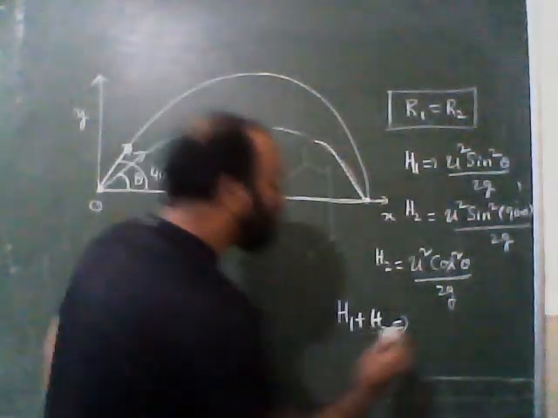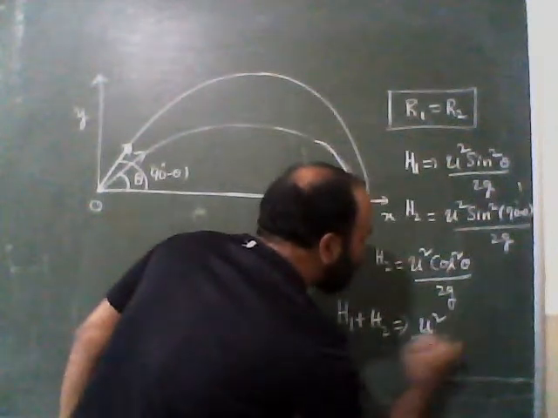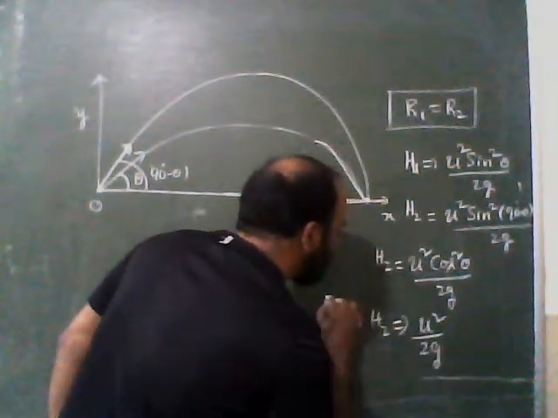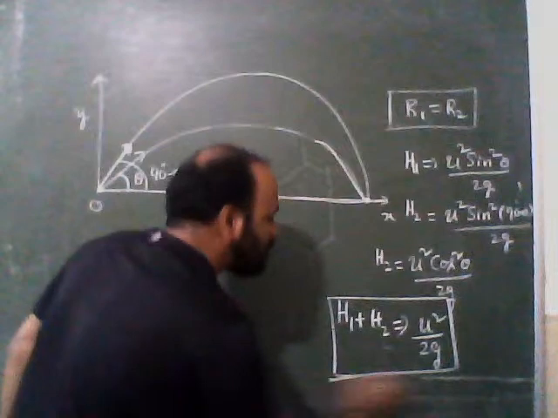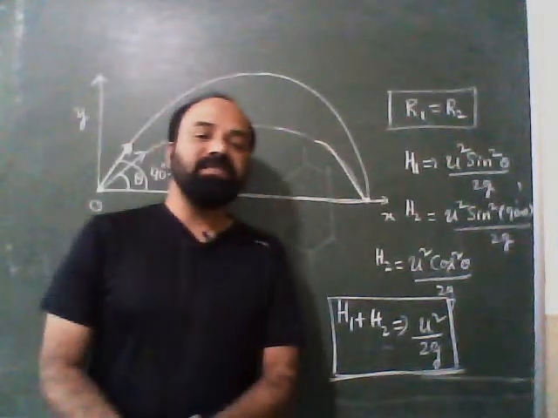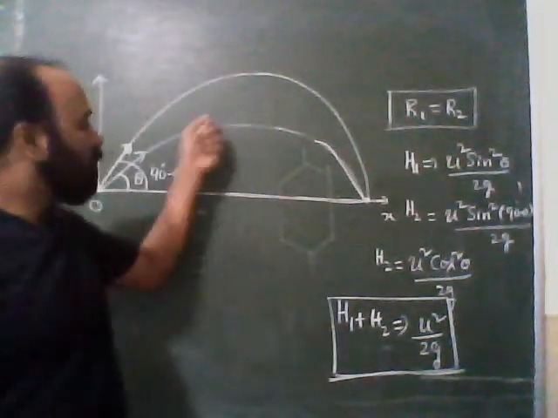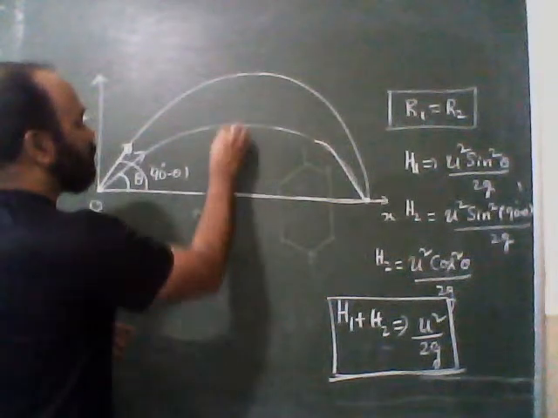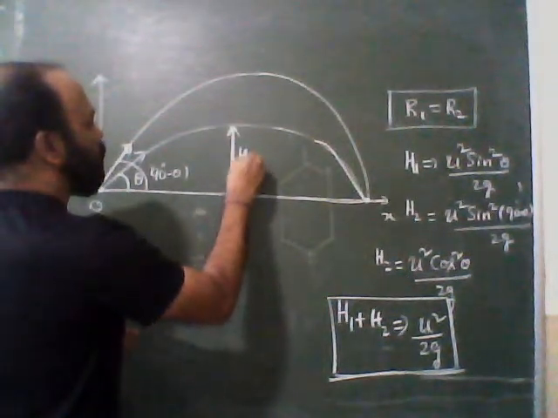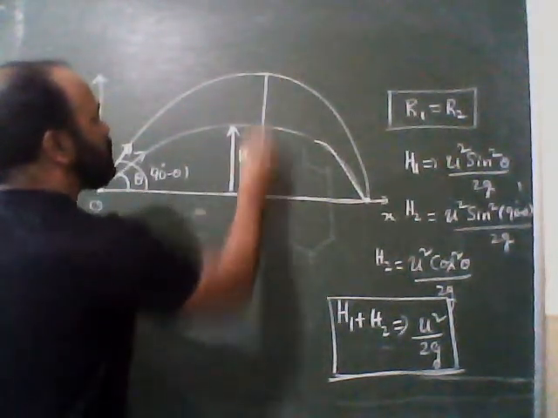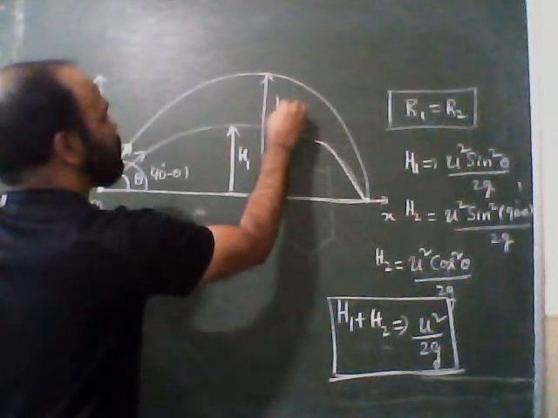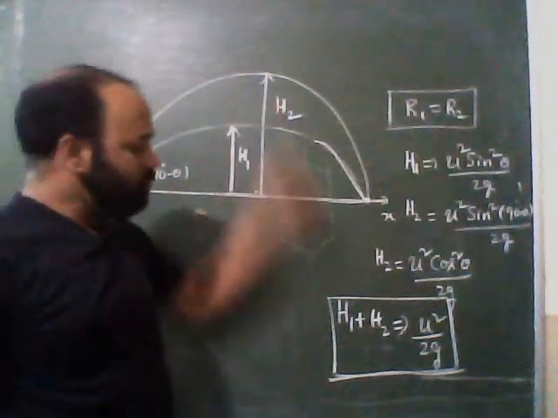The sum of the heights in case of complementary angles is equal to this much. This is the shortcut formula. What is the sum of the heights gained by the bodies? H1 plus H2 equals how much?